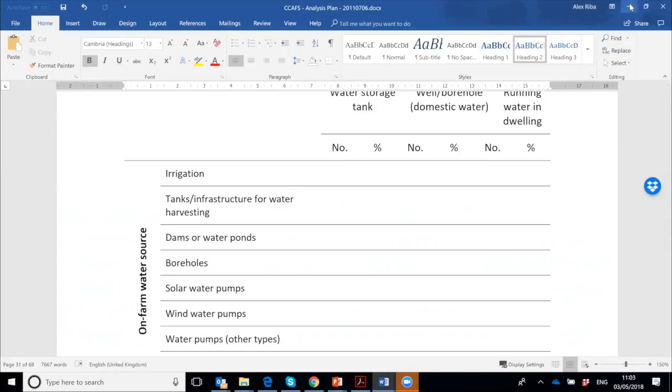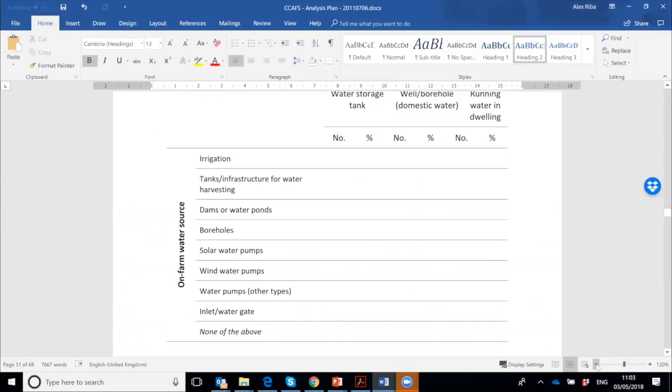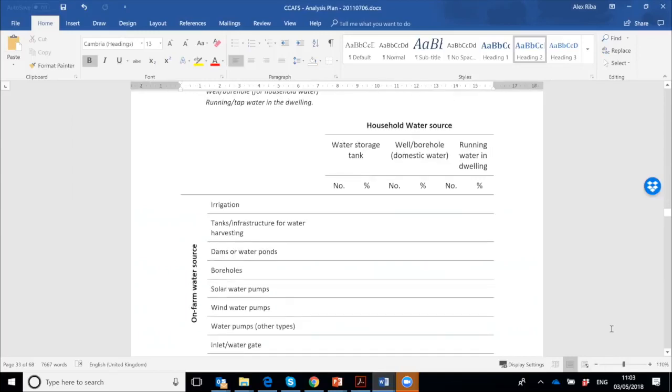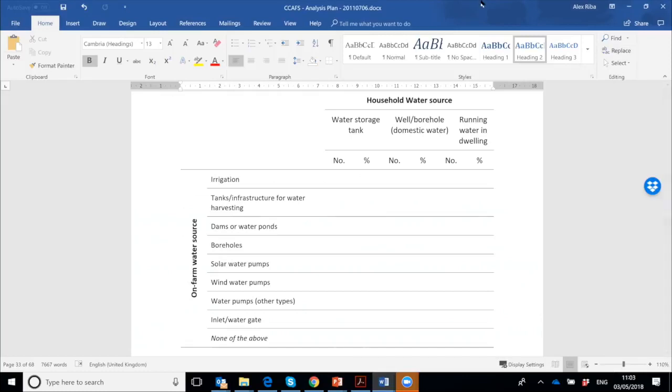So, Alex. Yes. Alex. Sorry. Yes, please go ahead. Can I ask you a favor? First, could you change the scale of your Word document so that we can see more of the table? Yes, and could you hide the ribbon? This one?